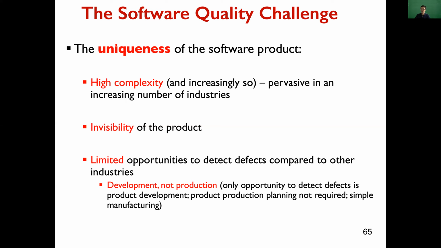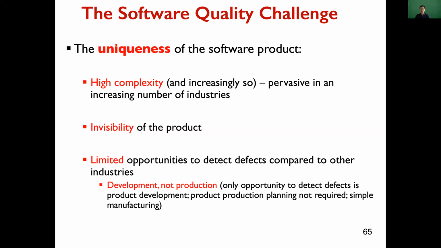The third characteristic is the limited opportunities to detect defects compared to other industries. For other industries, there are many opportunities to detect defects. For example, for doors of cars, because it's visible, you can detect such defects during the development stage, during the production planning stage. Also, you can detect them during the manufacturing stage, right?